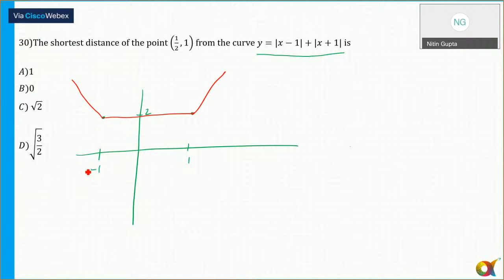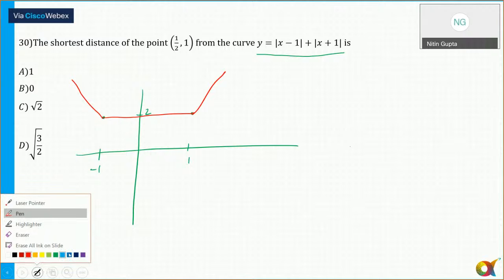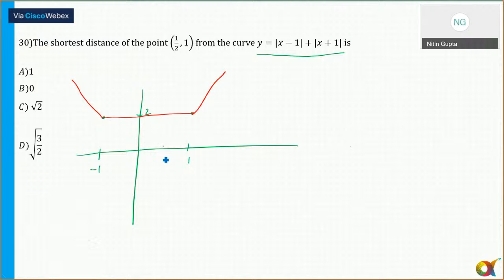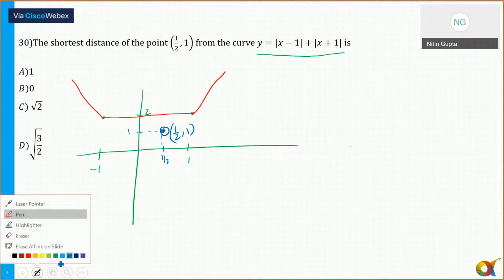And the question is the shortest distance of the point 1 by 2 comma 1. Okay. So x is 1 by 2 here and y is 1 here. So this is the point which is 1 by 2 comma 1. And the question is the shortest distance from this point to the curve.